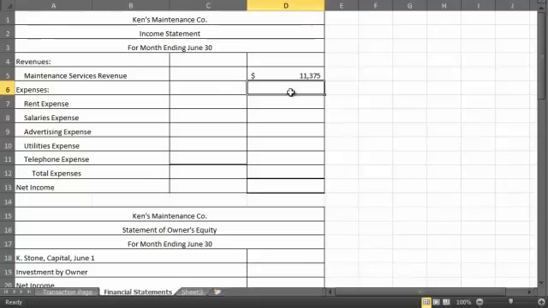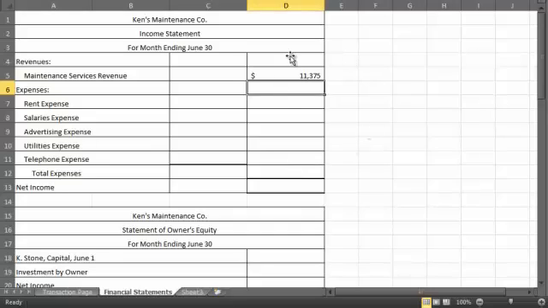Now, notice this is a two-column financial statement. And the reason it's two columns is because we have more than one expense. And since we have more than one expense, we are going to list all of them in this column and only put a total in this column, which makes the financial statement a little easier to read.